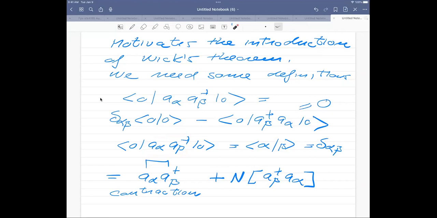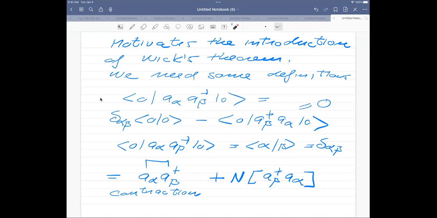In our case, the number of times we needed to change it was actually 1, because our original operator was given like this. So we had to change A alpha and A beta once, and that gives a minus sign. But what you see here are actually definitions of what we are going to use to define Wick's theorem, and that will allow us to simplify the calculation of that set of expectation values which we looked at now.